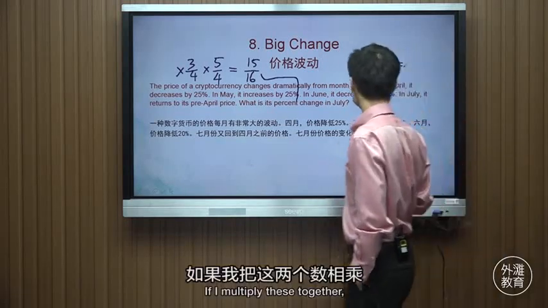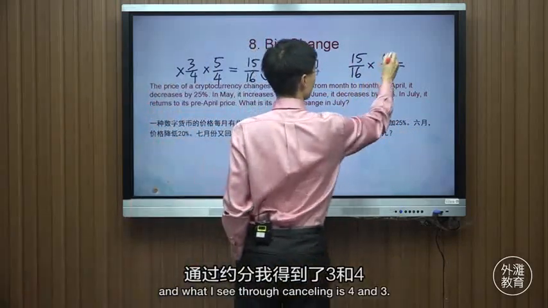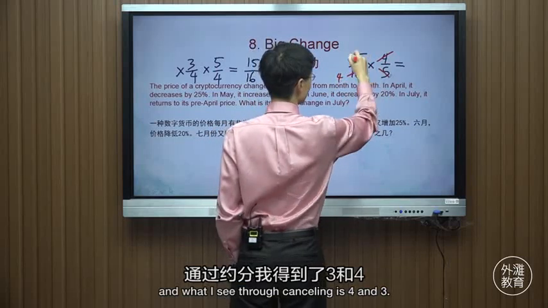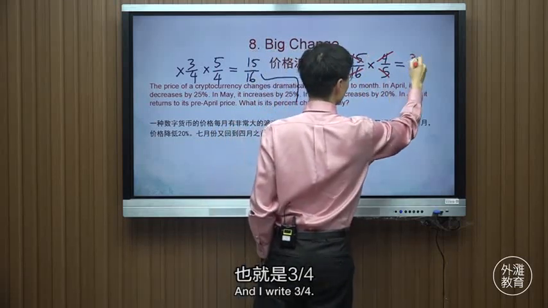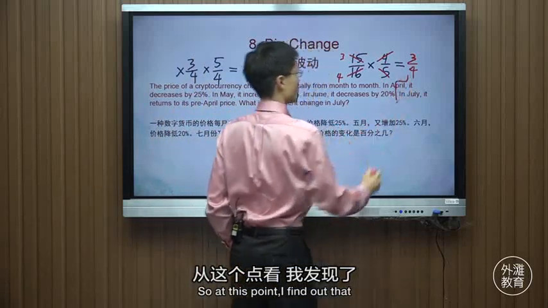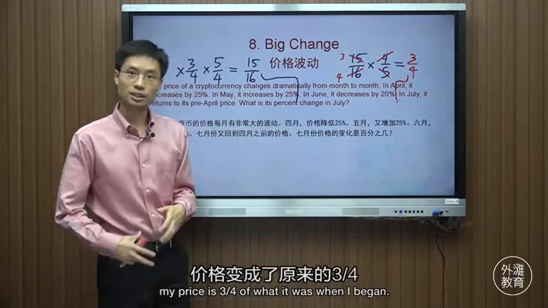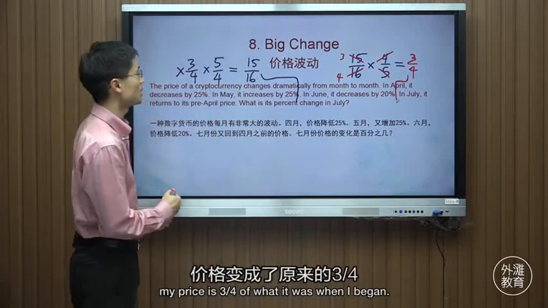If I multiply these together, then what I see through canceling is 4 and 3, and I find that I'm at 3/4. So at this point, I find out that by the time I finish June, my price is 3/4 of what it was when I began.